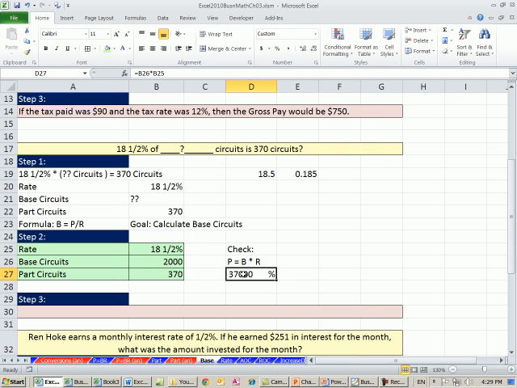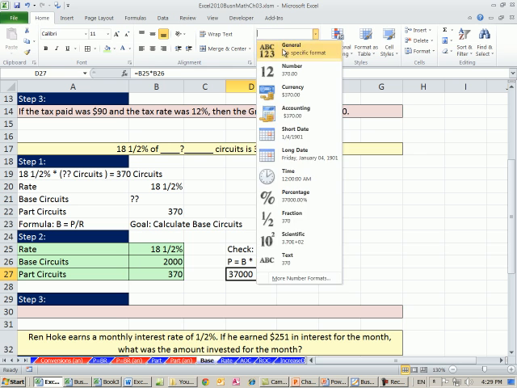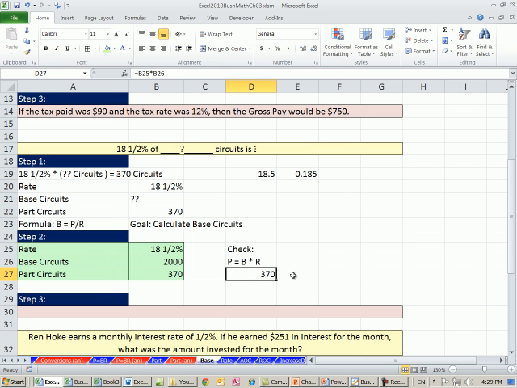It didn't. I'm going to clear that, Control-Shift tilde or general. I'm going to try that again. I'm learning here too. So times this. Yep, in both cases it got it. So general, and there's our number. We checked it by multiplying these two, and we got 370.